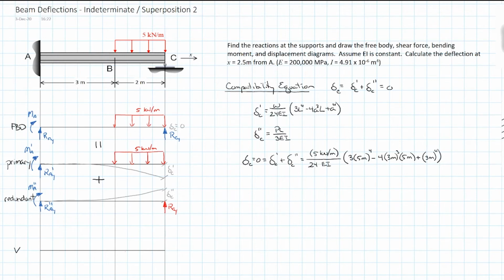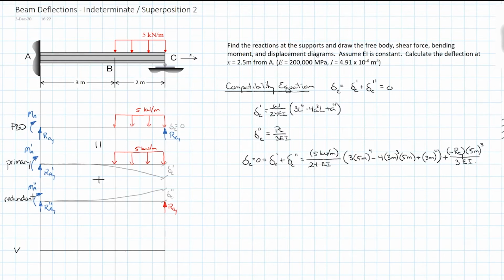Now delta C double prime, so that's from the point load. And so that's going to be equal to negative RCY. So I'm just giving it a negative sign to indicate that it's going up, and our 5 meters all cubed, all divided by 3 EI.